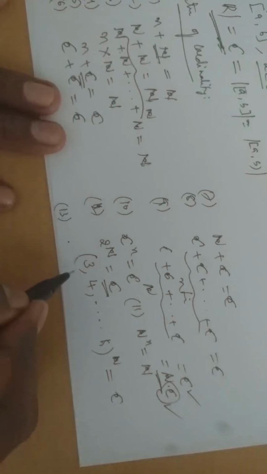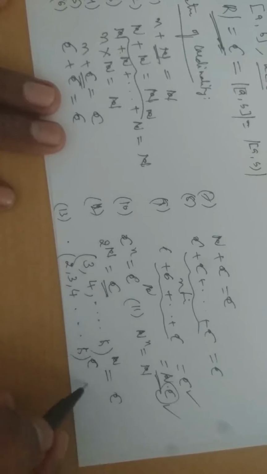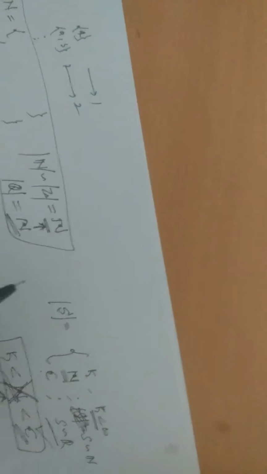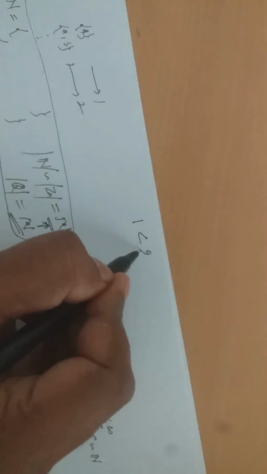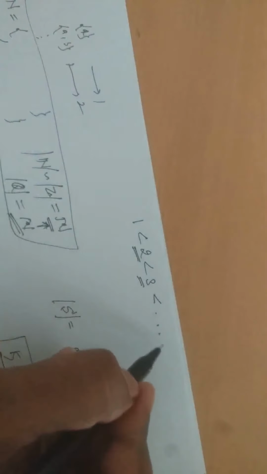Next is, what is 2, 3, 4, etc. up to k, up to continuum? It is 2 to the power C. So how is the chain of the cardinality? Chain of cardinality is this. This is a singleton. This is a set containing 2 elements. This is the set containing 3 elements.